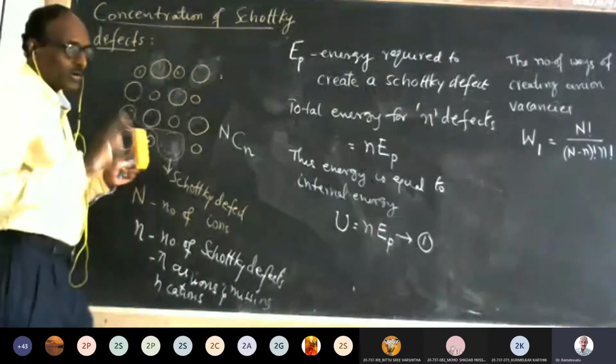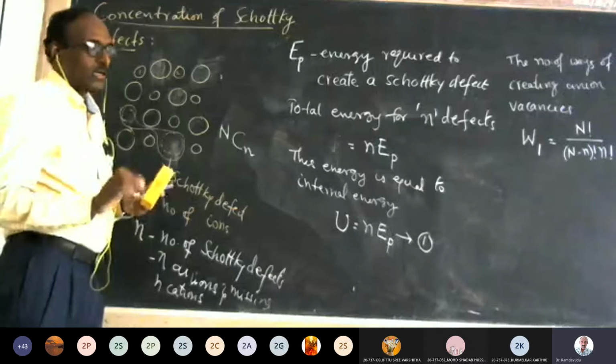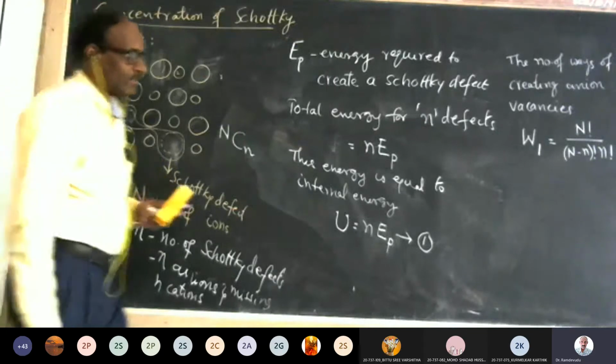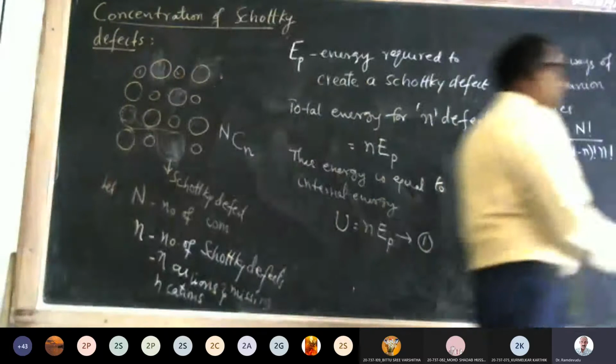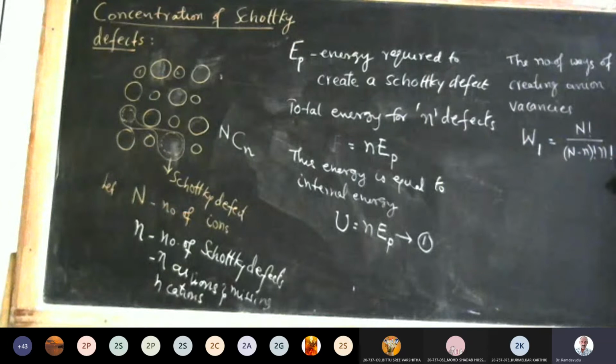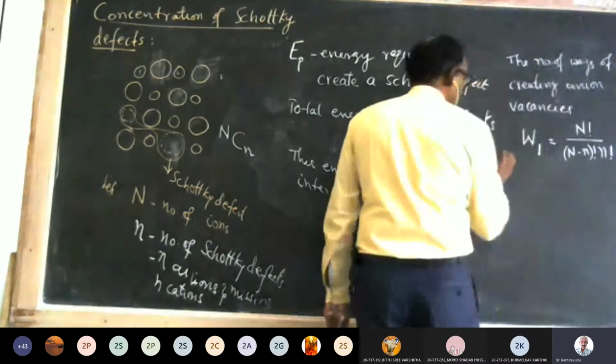Anyway, we are counting only the number of pairs of vacancies created. That's why we have the arrangement. You can arrange them anywhere. How many ways can you arrange? n factorial ways. So this is the way in which you can arrange anions.